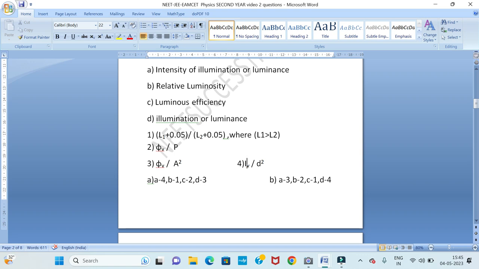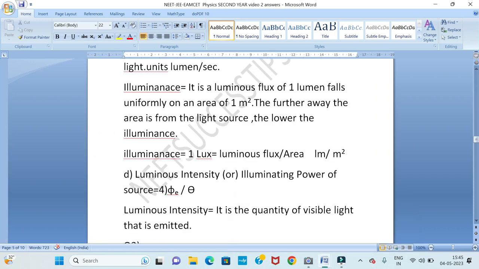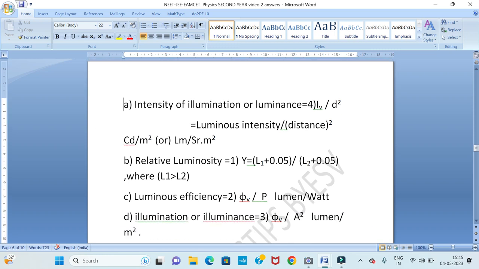Okay, what is the answer? Answer is A. So, A4: IV by D square.